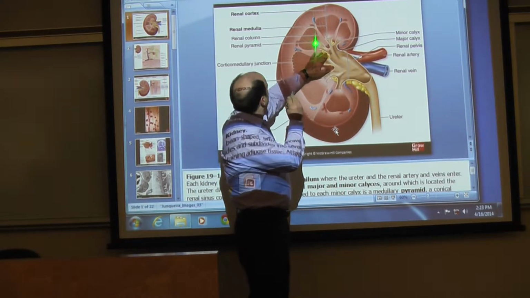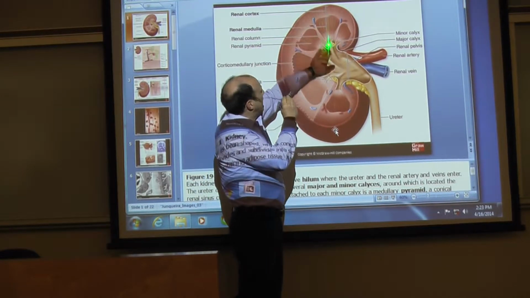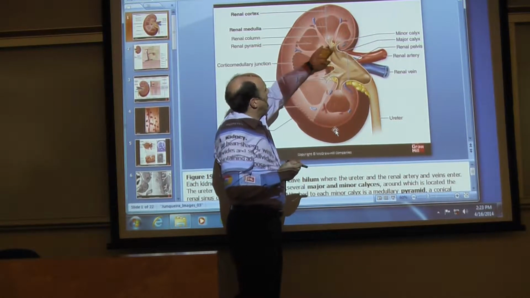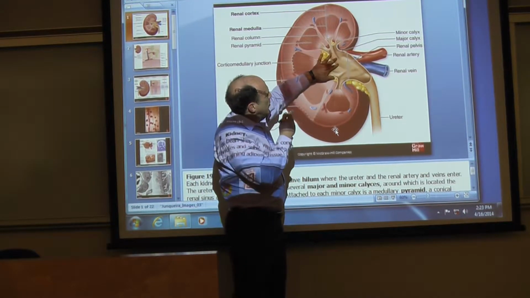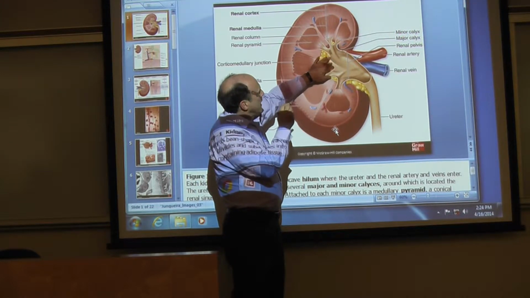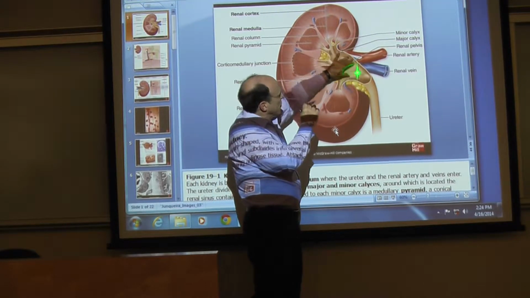But these things, the renal pyramid is just a way of saying, okay, this is wider here, and then it narrows down, and it's narrowing down to where it's going to feed into these calyx, the minor and major calyx. And these calyxes, this is where the urine is going to go.